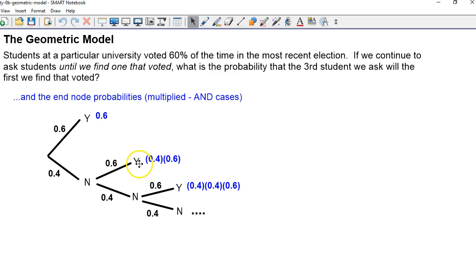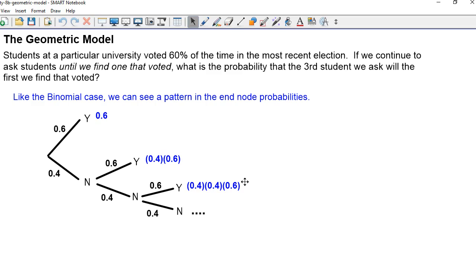The probability that the second student would be the vote would be: we'd have one no vote, 40% chance, and then one yes vote, 60%, so 40 times 60. The probability that it's the third student would be a no with 40% times another no, 40% times a yes of 0.6. So the number of factors in there is growing.